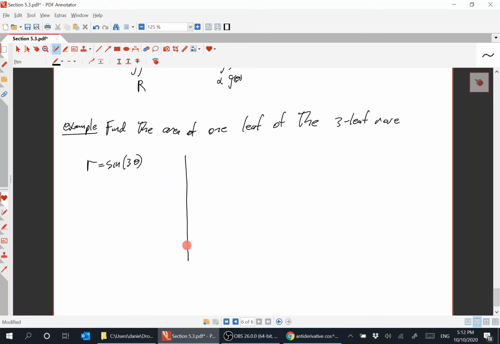So the three-leaf rose was this. See if I can get a good one. There it is, sort of. Alright, should be nice and symmetric.